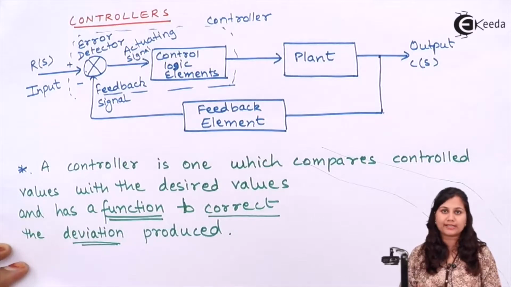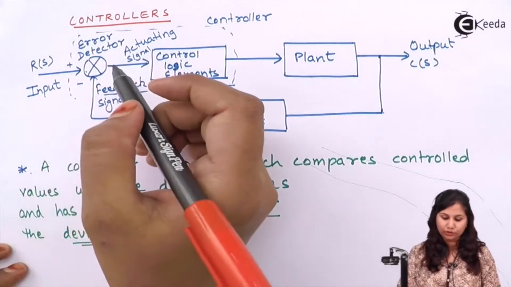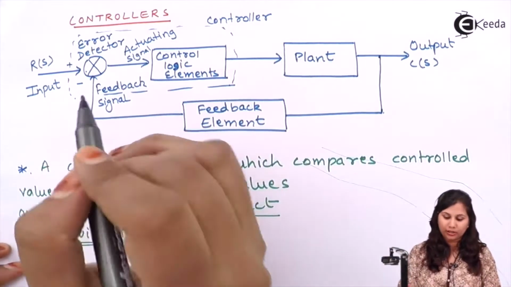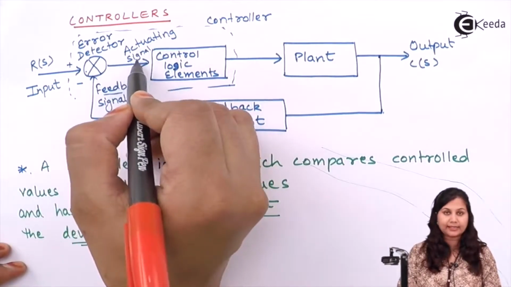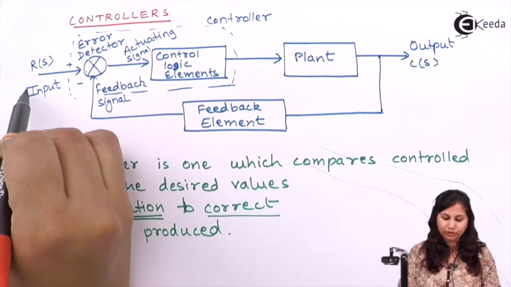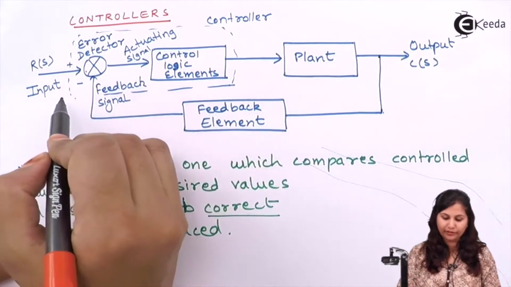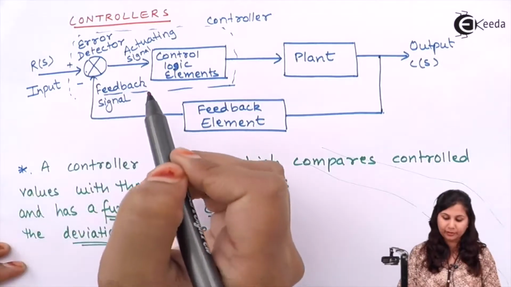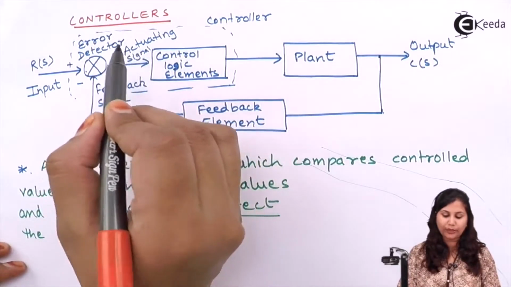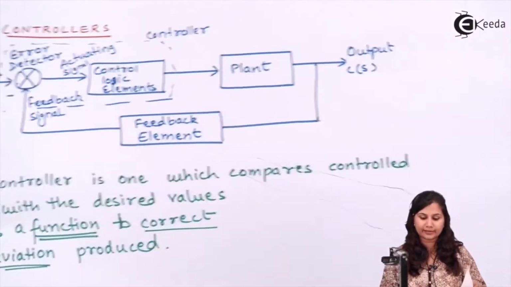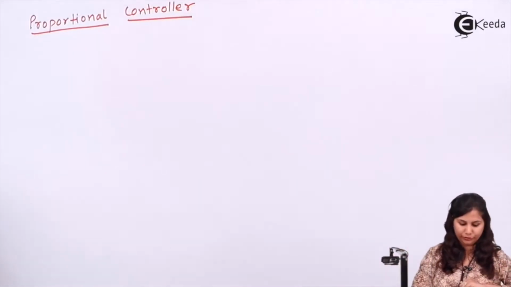Here the function is the proportional function. So in this proportional controller, the actuating signal will be proportional to the error signal. The error signal is the difference of the reference input and the feedback signal.